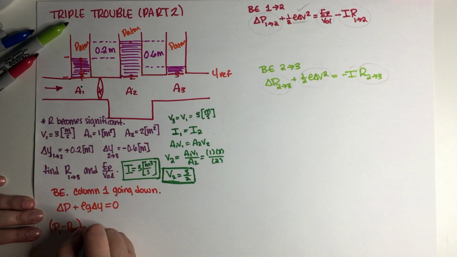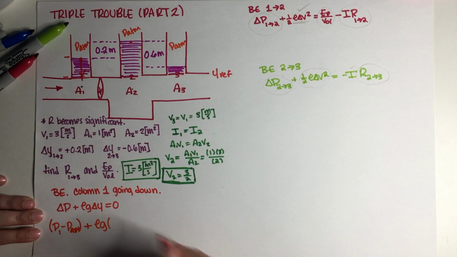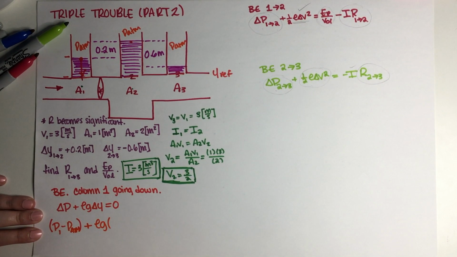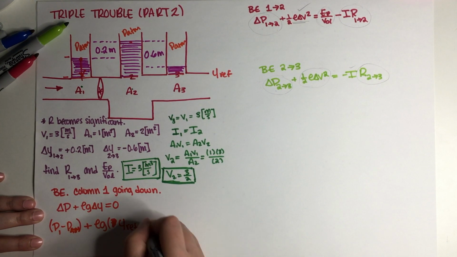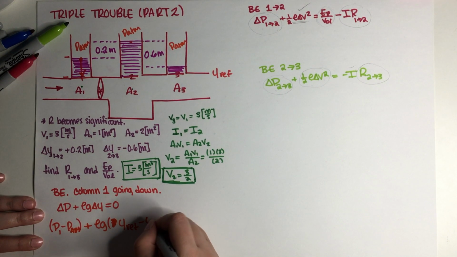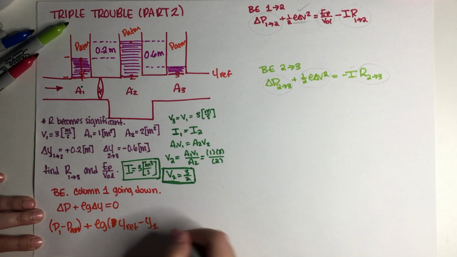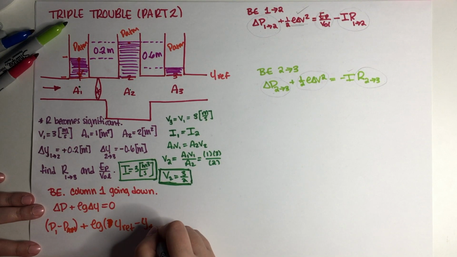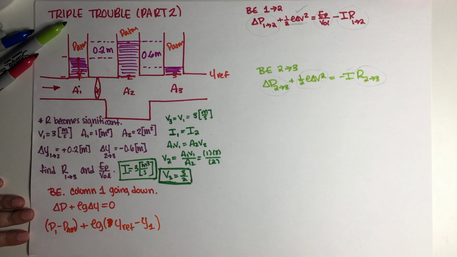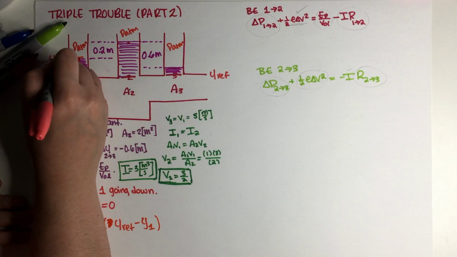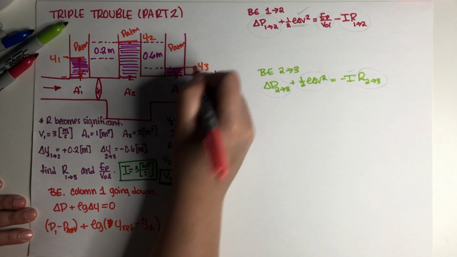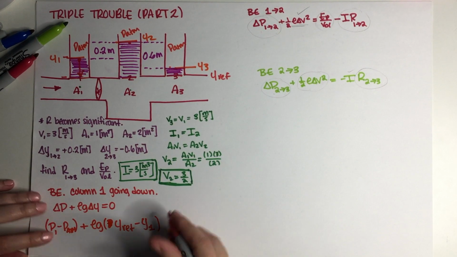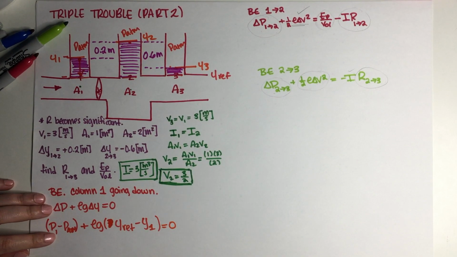And then the change in height would be final minus initial, so this would be the reference height minus the top of the first water column. I'm going to call this Y1, this Y2, and this Y3, like this, and this has to be equal to 0.